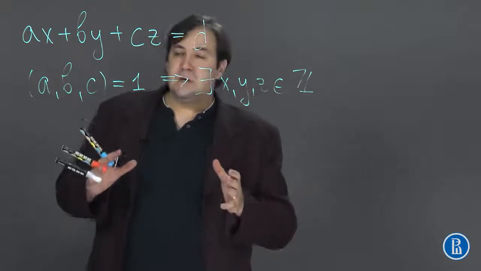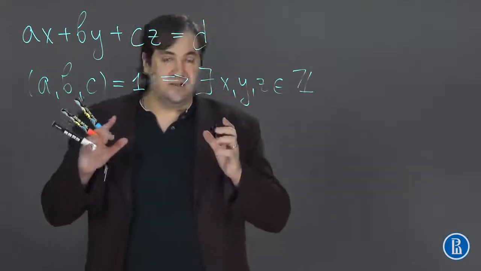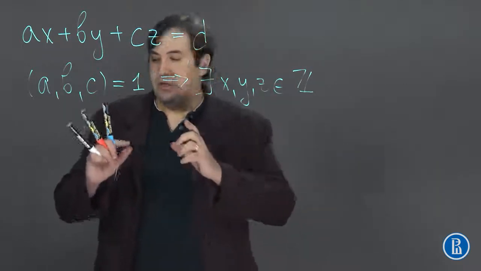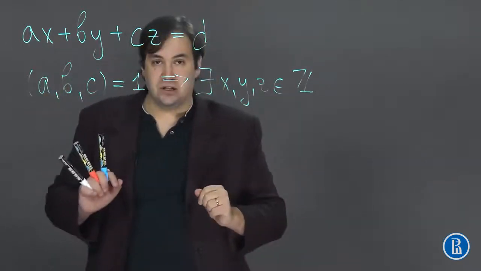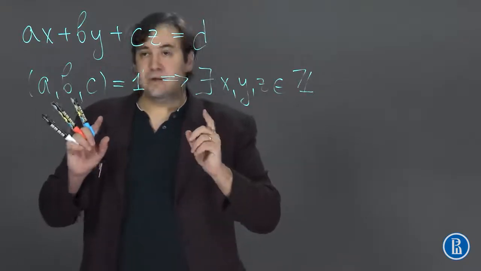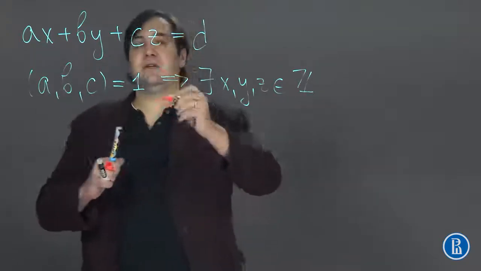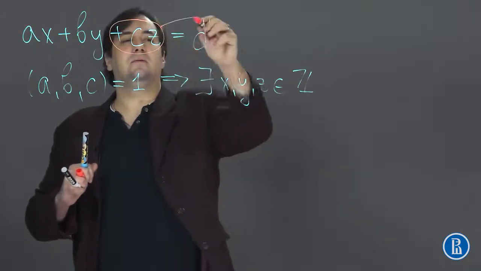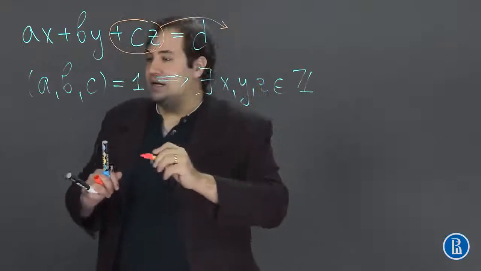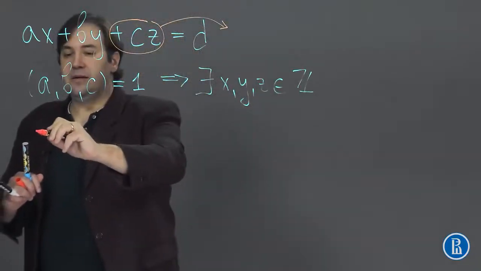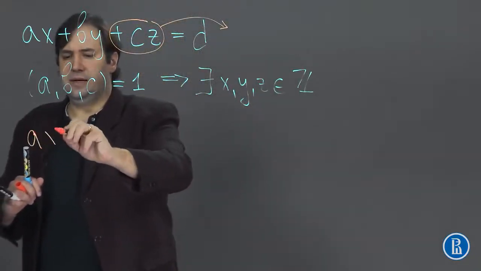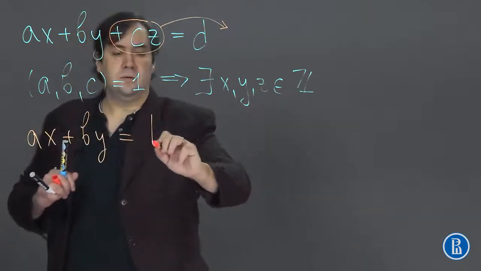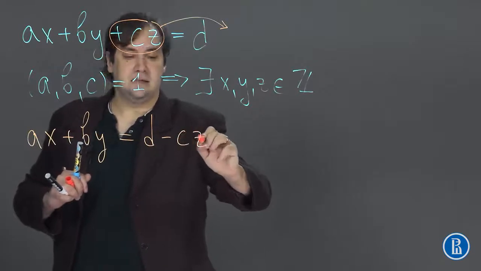We already know when a linear Diophantine equation with two unknowns has a solution. So let's transform this equation into a linear equation with two unknowns by transferring cz to the right-hand side. We obtain ax plus by should be equal to d minus cz.